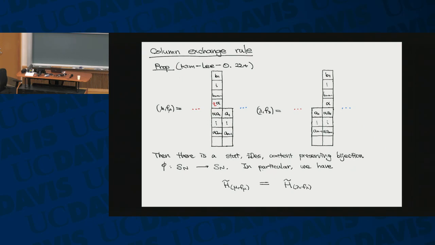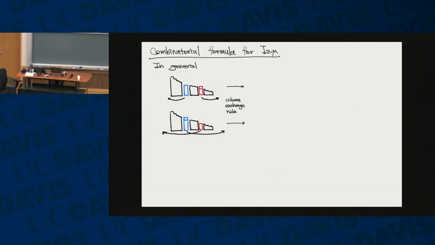Okay. And to give a combinatorial formula for the Macdonald intersection polynomial, we start with two partitions like this, lambda and mu. If you think of how we obtain these two partitions, they are identical as partitions, except for two columns, like I marked in blue and red here.